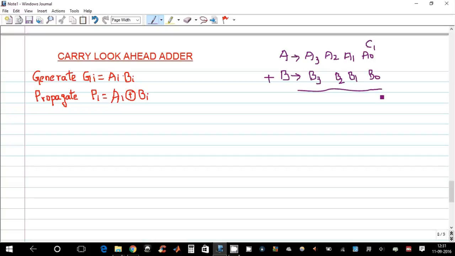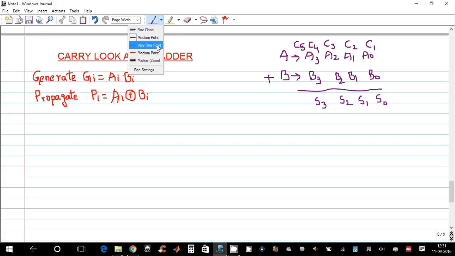The sum out of this is S0, S1, S2 and S3, and this addition will generate a carry C2, and similarly C3 and C4, and the addition of the last two will generate a carry out that is C5.